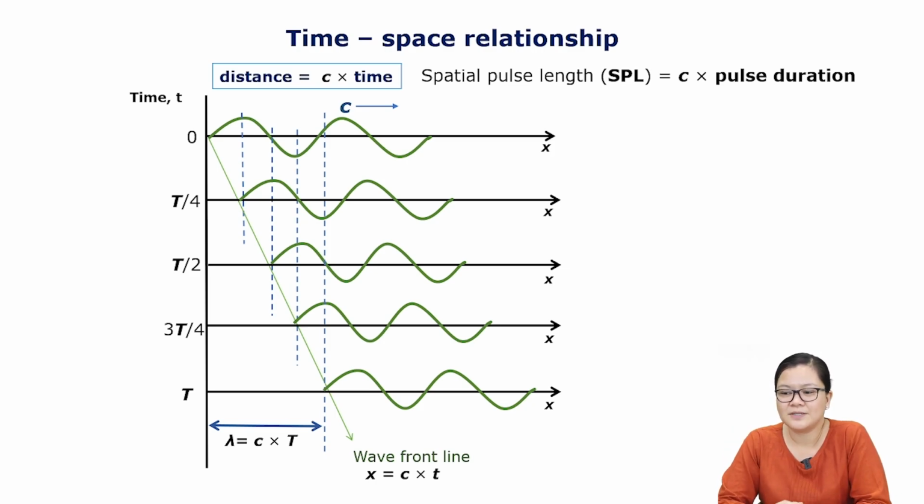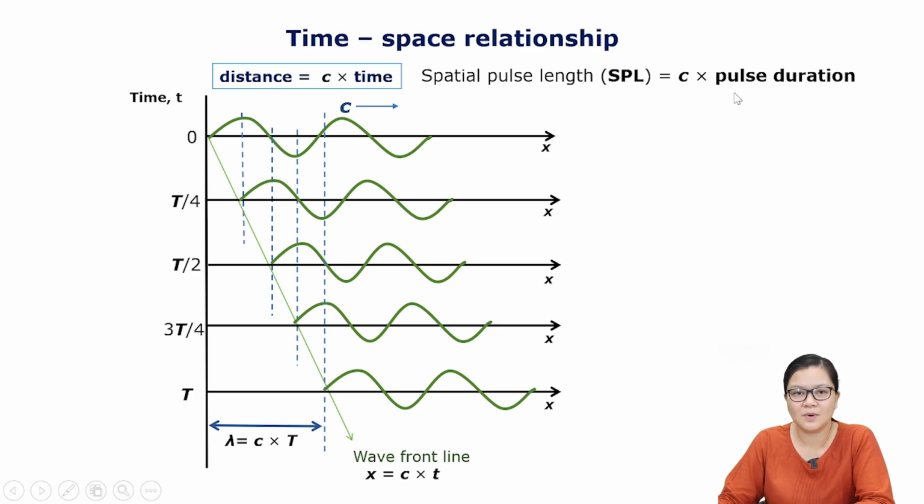Now, there is a special relationship between time and space when you talk about ultrasound. The factor that can allow you to convert between time and space, or distance and time, is the longitudinal wave speed. For example, we discussed what the pulse duration is.